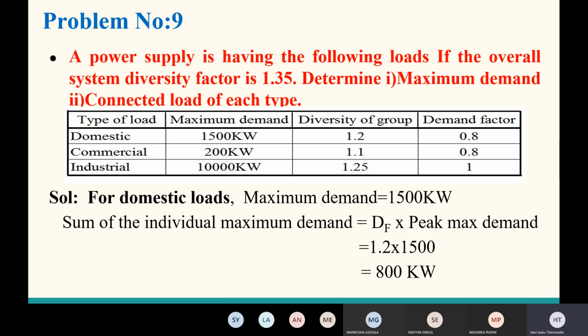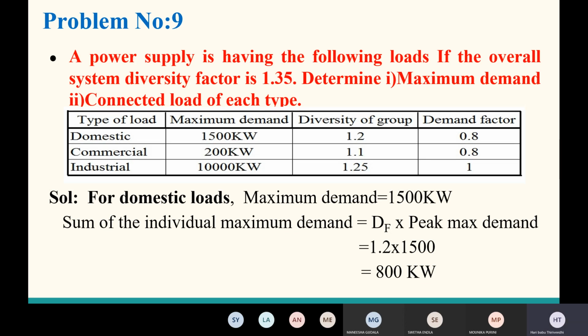That is 13,500 divided by 1.35, which is equal to 10,000 kilowatt. So this is the maximum demand of the station, the first one we had to determine.